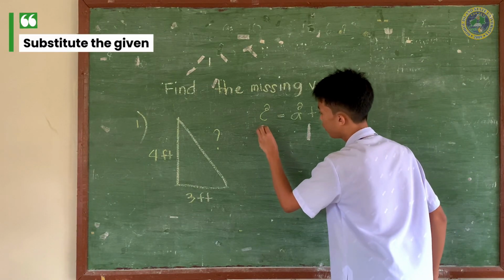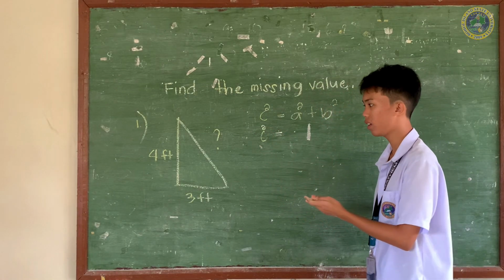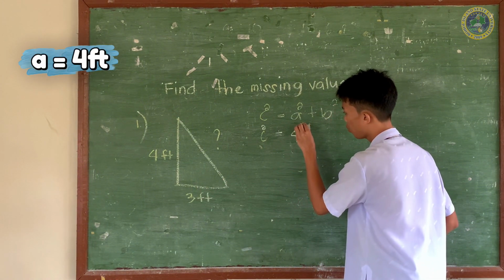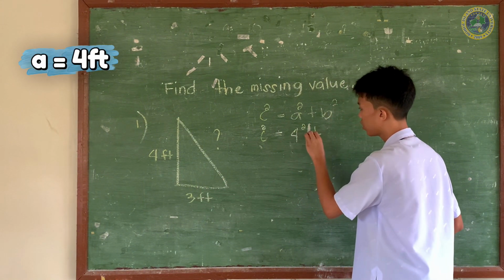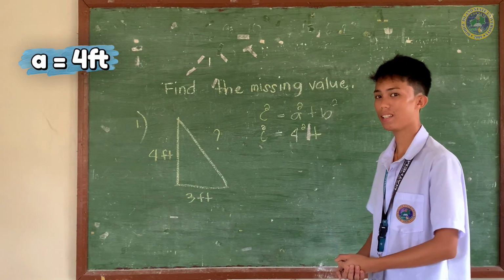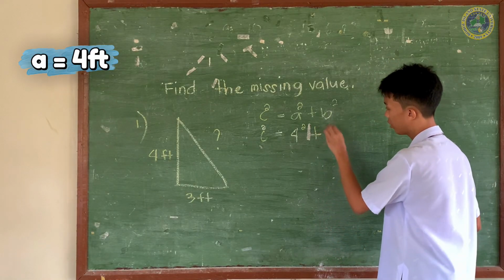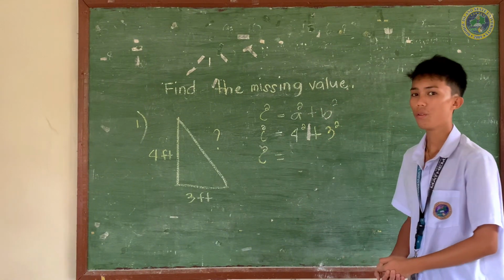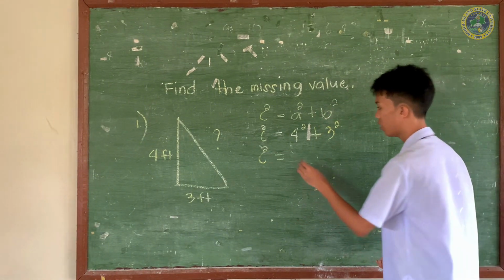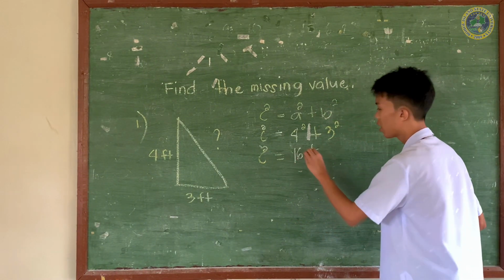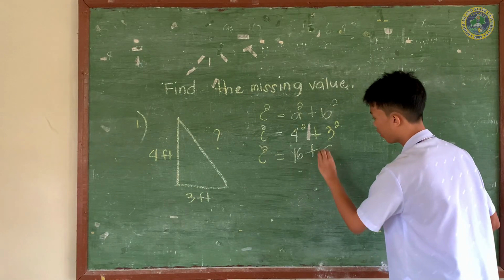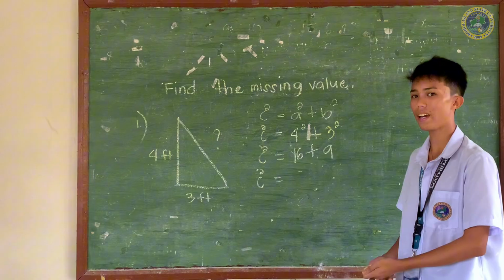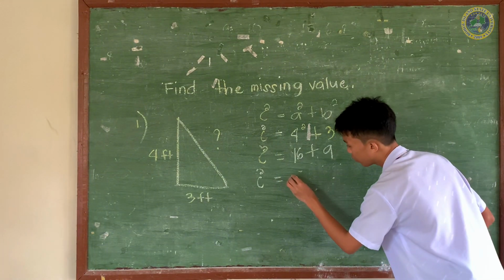So c squared is equal to, our a is 4 feet, 4 squared plus, and our b is 3 feet. So 4 squared is 16 plus 3 squared, which is 9. So c squared is equal to 16 plus 9 is equal to 25.